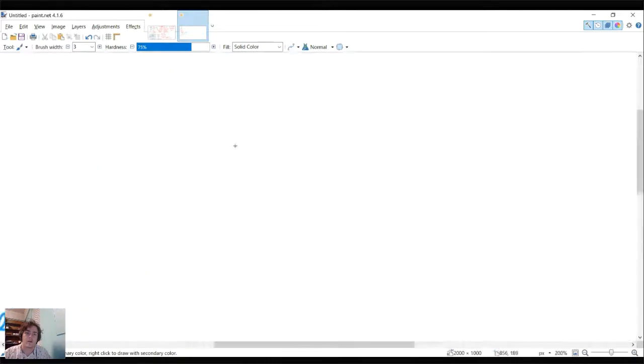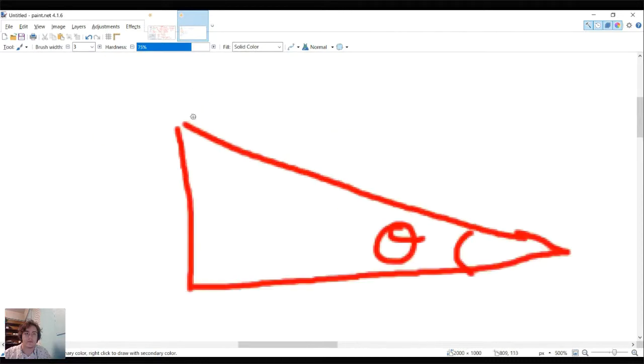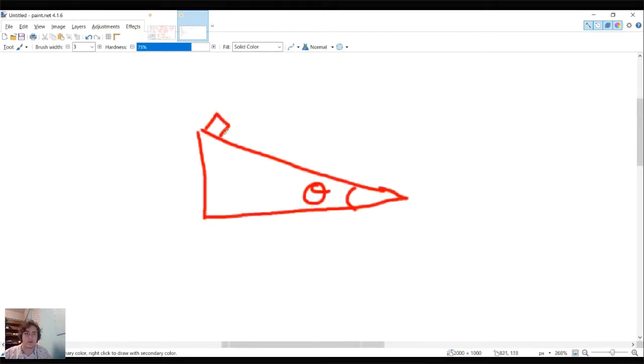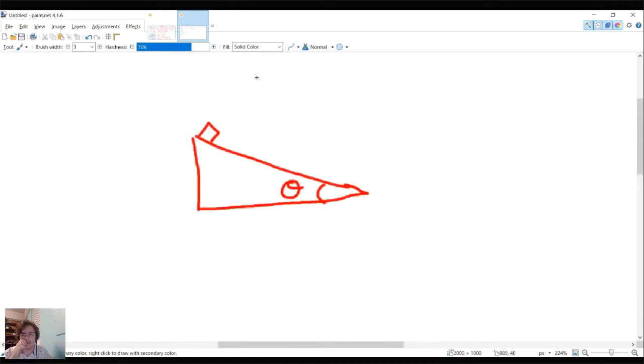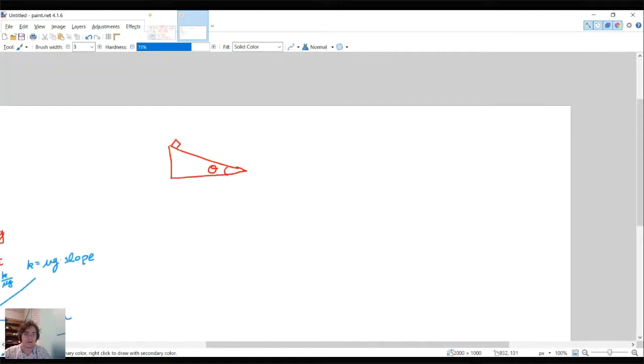So what we're going to do is we're going to have an inclined plane with angle theta. There's a box up here. And I'm not going to use energy for this actually because you guys haven't learned energy yet, probably because my friend's university class is on energy, and I hope they're not behind you guys.